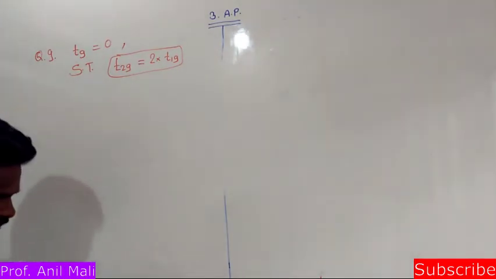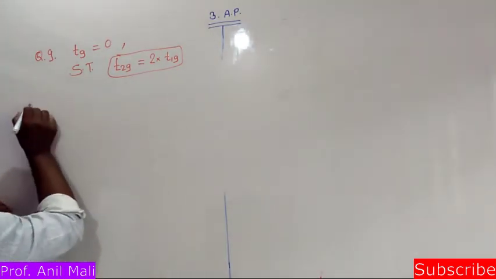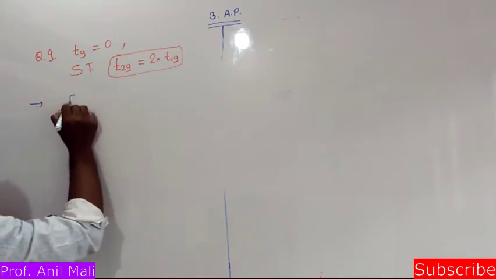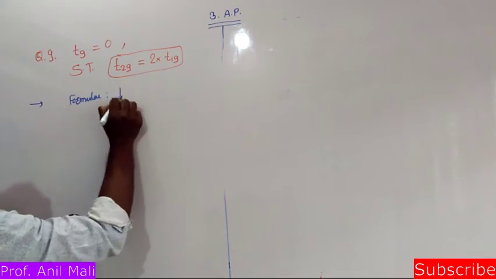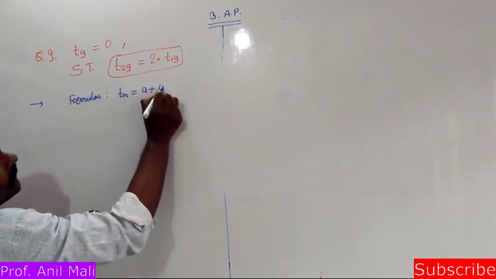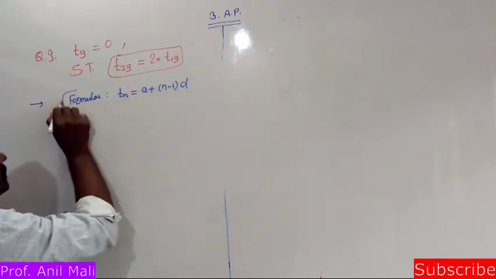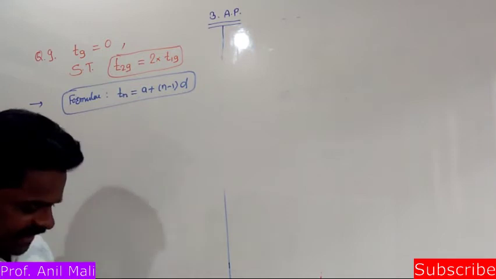So T9 is equal to 0. Only one formula, the nth term formula, we are going to use here. The formula is Tn is equal to A plus (n minus 1) into D. This is my formula. Now use your given condition.